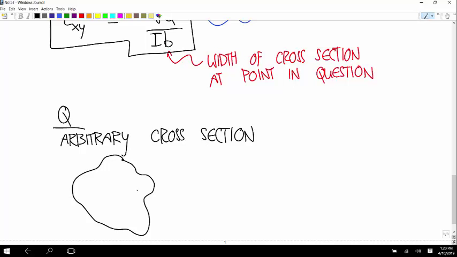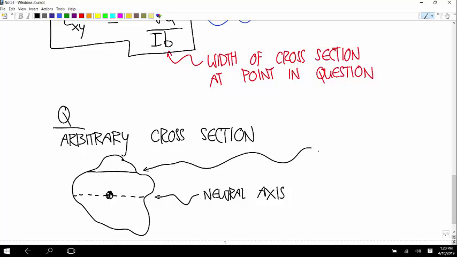And let's say this is the neutral axis. That means that it goes through the centroid of the shape. And let's say we want to calculate Q at this line. So we want Q here.